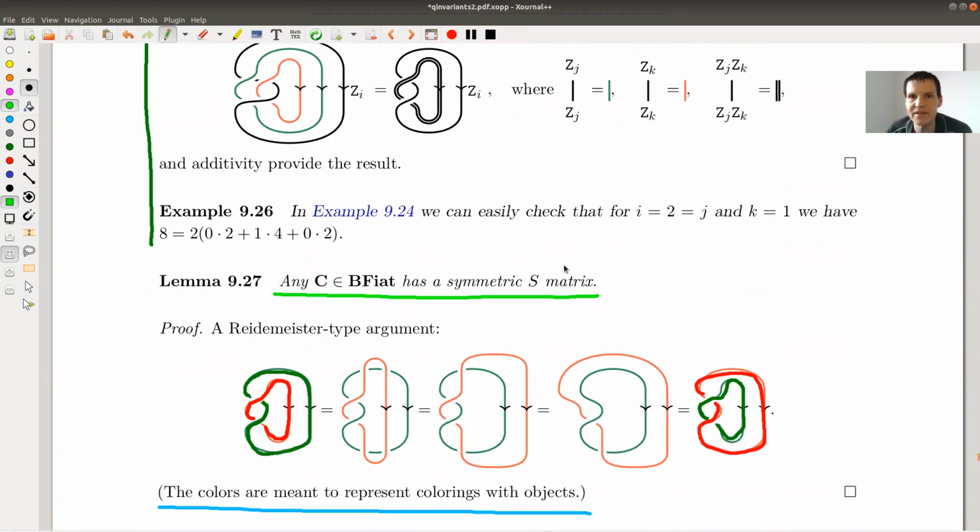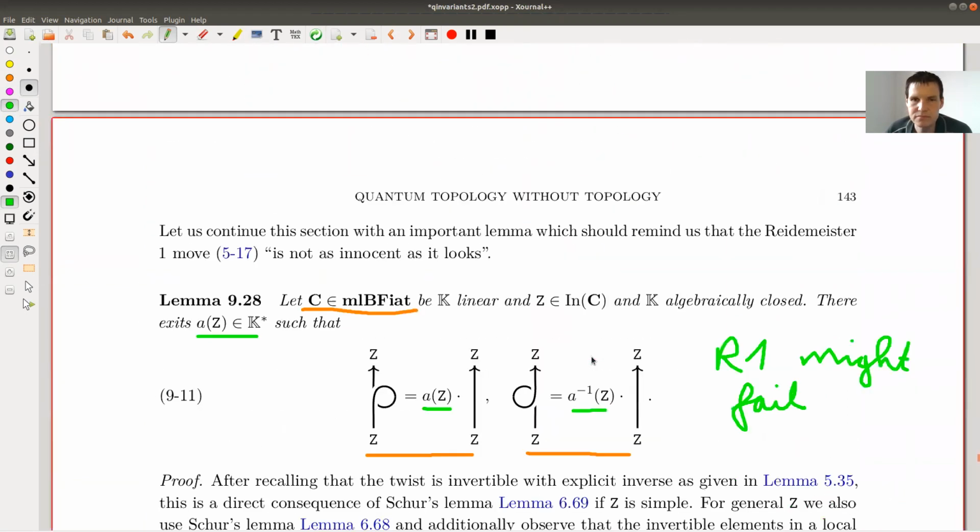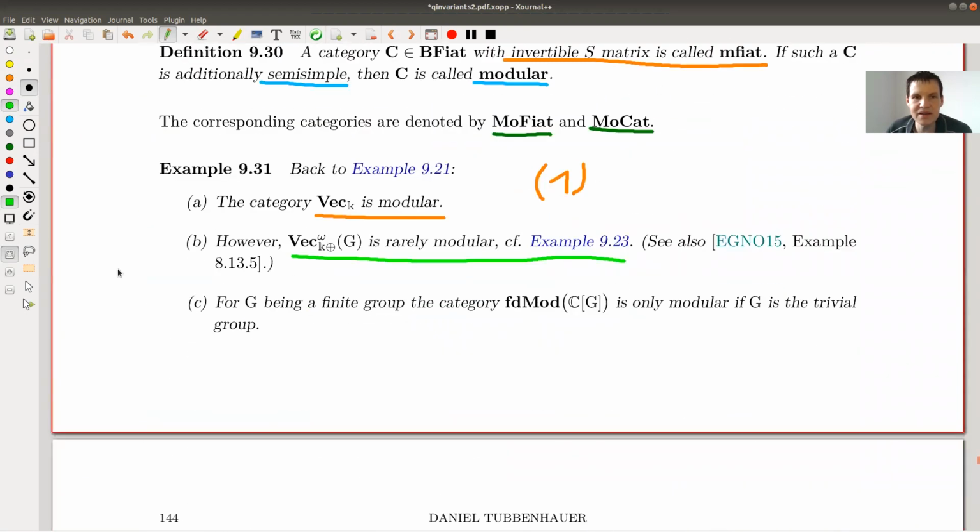You see it here, right? The point is the S matrix is almost always 0. Similarly for finite groups, it's basically not modular. It's only modular if G is a trivial group, and that's again this case, of course.